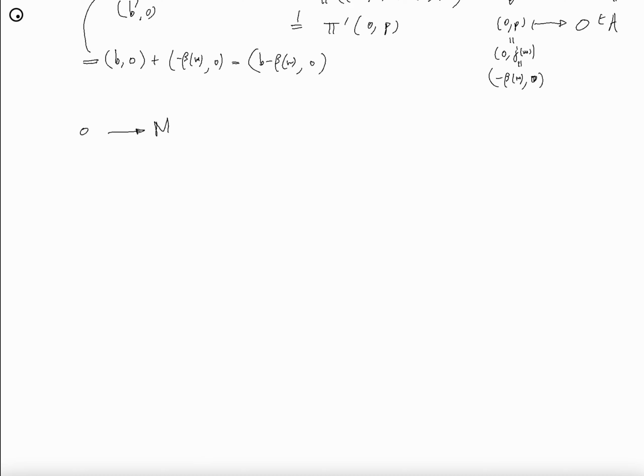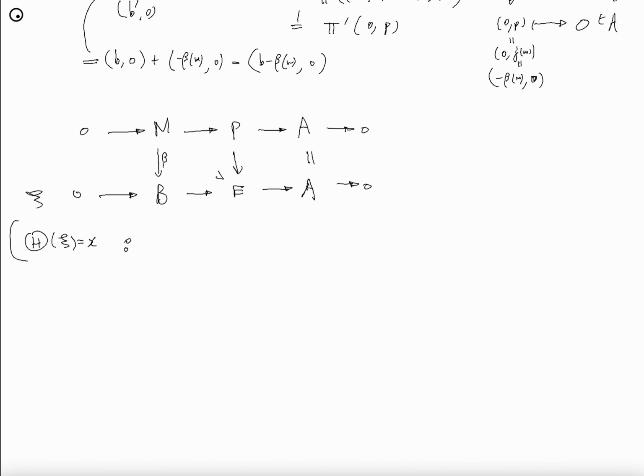Okay, so let me copy it here. This is the exact sequence. Let me call this C, and let me show that this is X. So let's apply the delta functor.